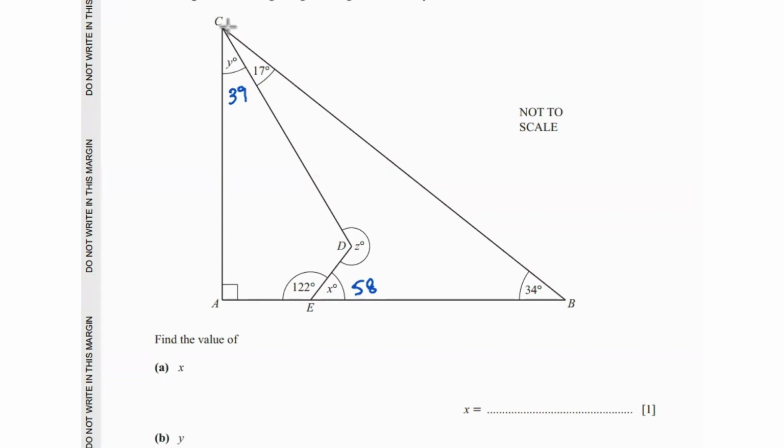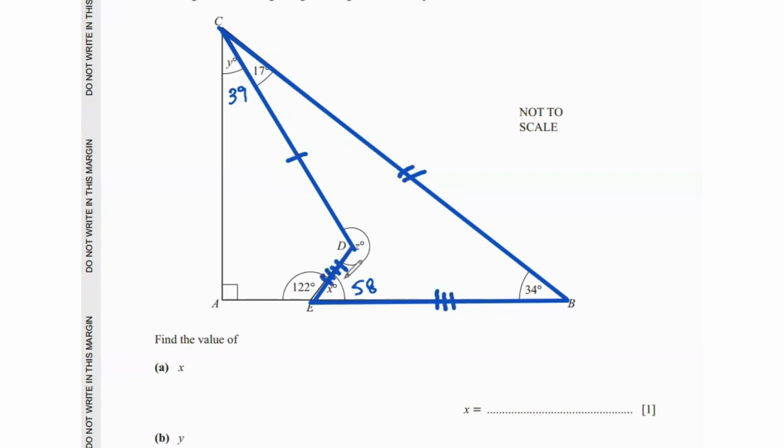Because if we highlight this part, this is a quadrilateral over here. Why quadrilateral? Because any shape that has 4 sides is a quadrilateral. So for z, we're going to do 360 minus 17 minus 34 and minus 58, which will equal 251 degrees.